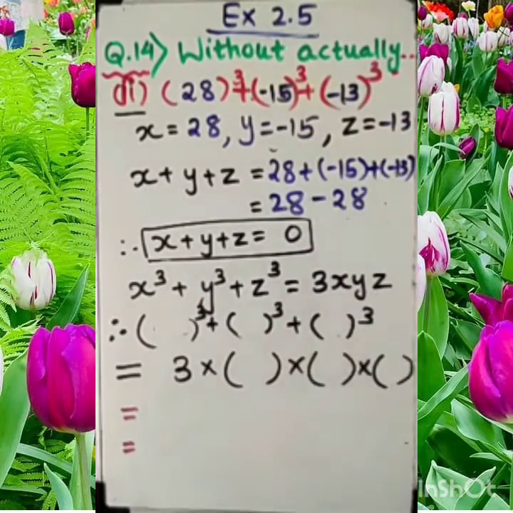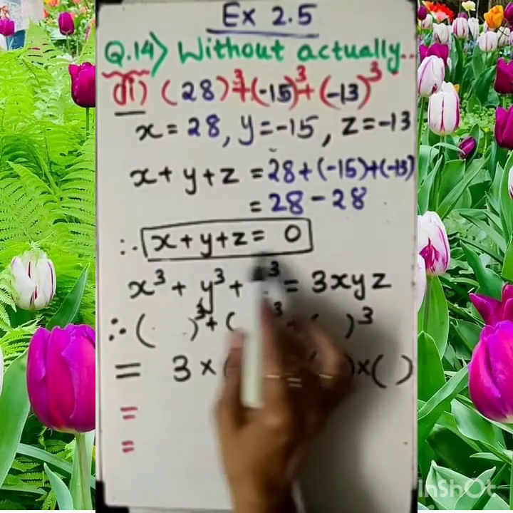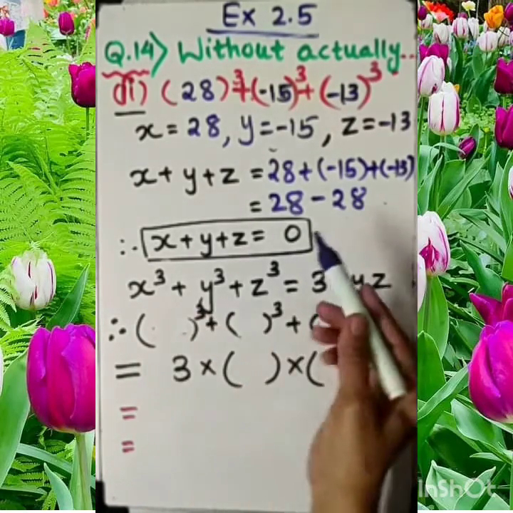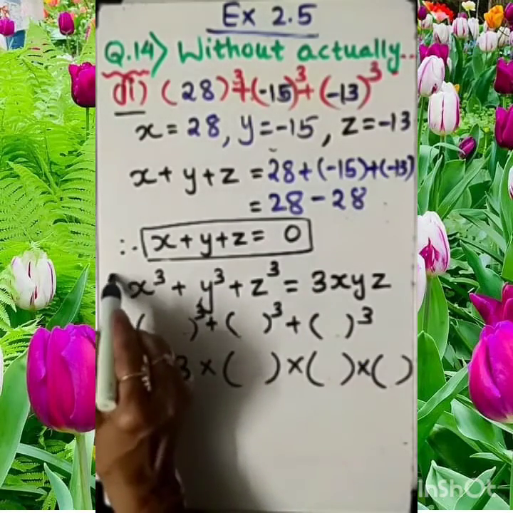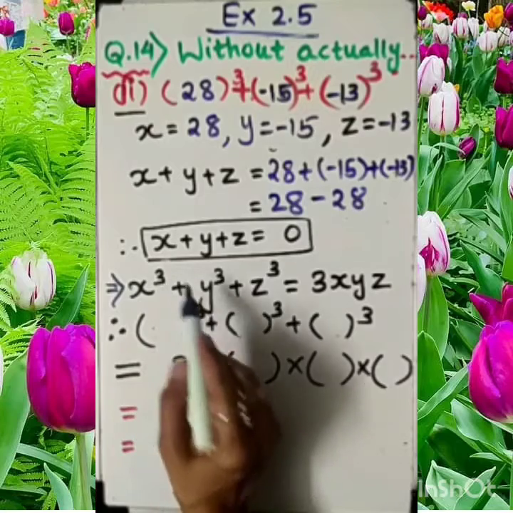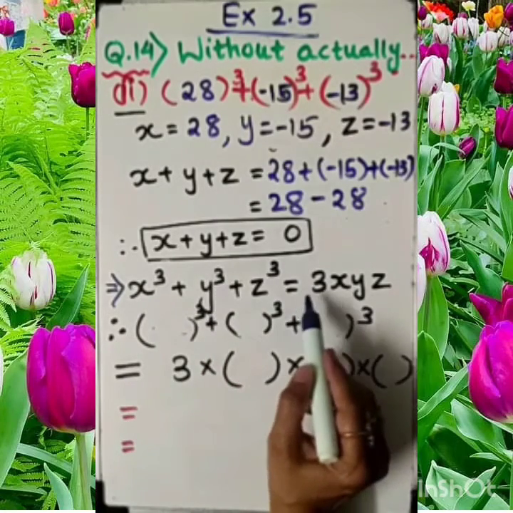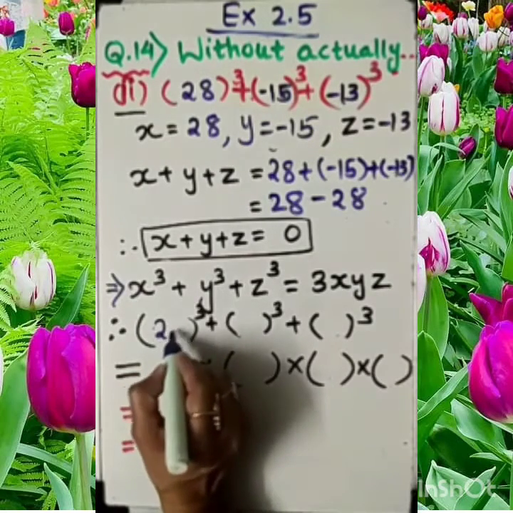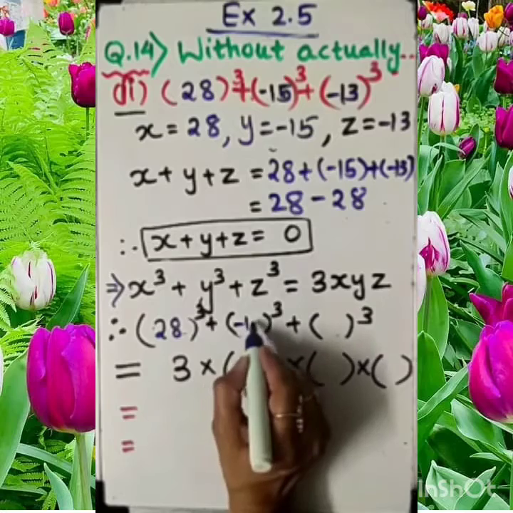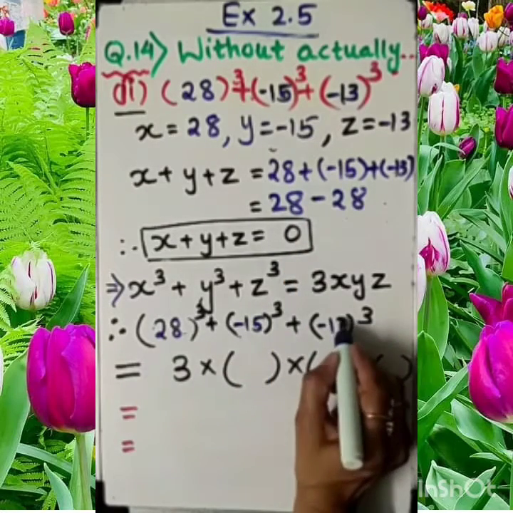So first we have proved that x plus y plus z equals 0, meaning the sum of all three numbers which we are given is 0. Now we know that if it is so, this is a very important result with us: x cube plus y cube plus z cube will be equal to 3xyz. In that, x is 28, y is minus 15, z is minus 13.